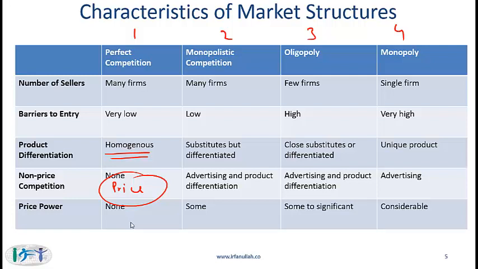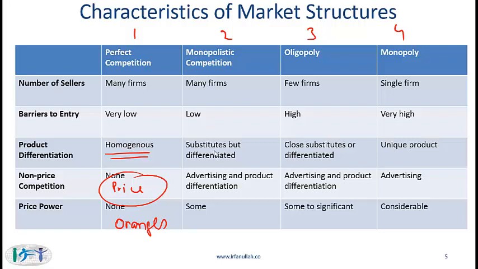It is useful to have an example in mind which you can associate with each of these structures. And the example that I like to think of when we talk about perfect competition is the market for oranges. Second, monopolistic competition. Here again we have many firms, barriers to entry low. The products are generally substitutes.